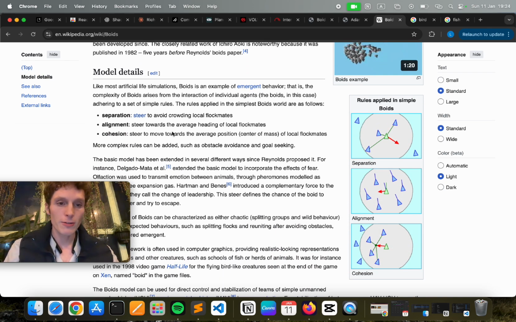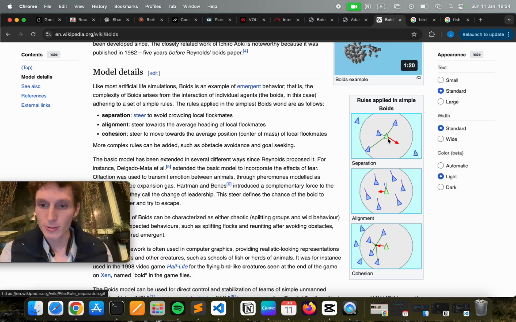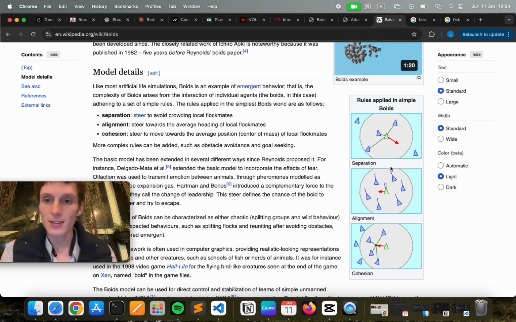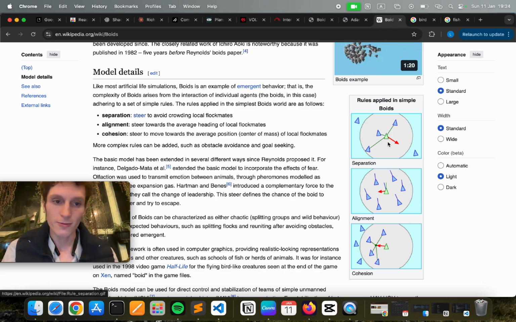So there's just three basic rules: separation, alignment, and cohesion. Each individual agent, which is represented by this triangle here, has a radius in which it can see other agents. It's like a radius of vision.